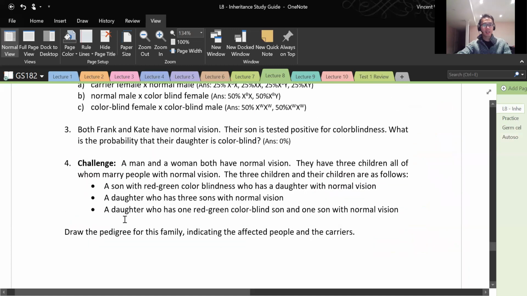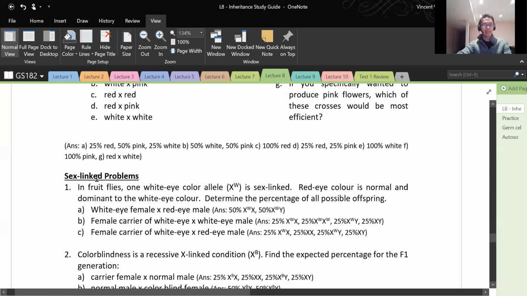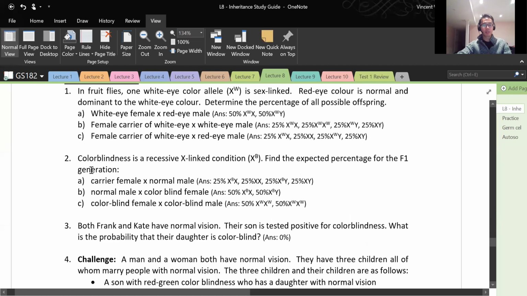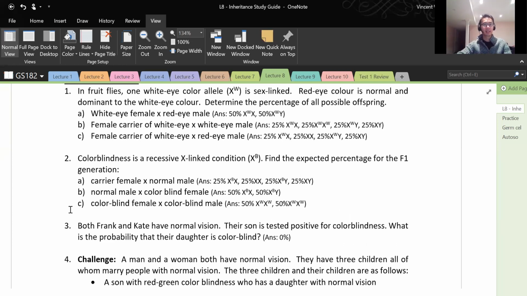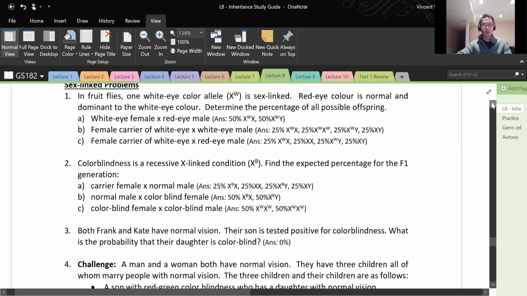Let's do a sex-linked question. So a trait is sex-linked if it's carried on the sex chromosome. So either on the X or on the Y. Okay. So let's take a look at this fruit fly question.